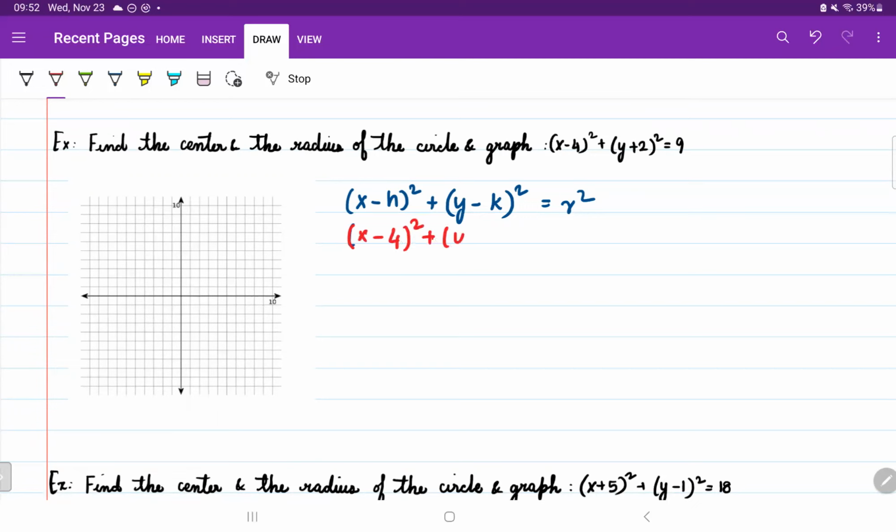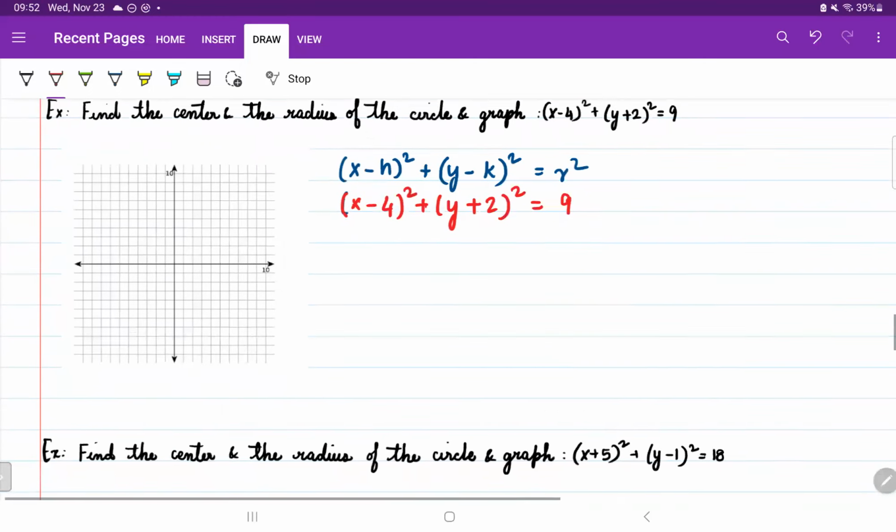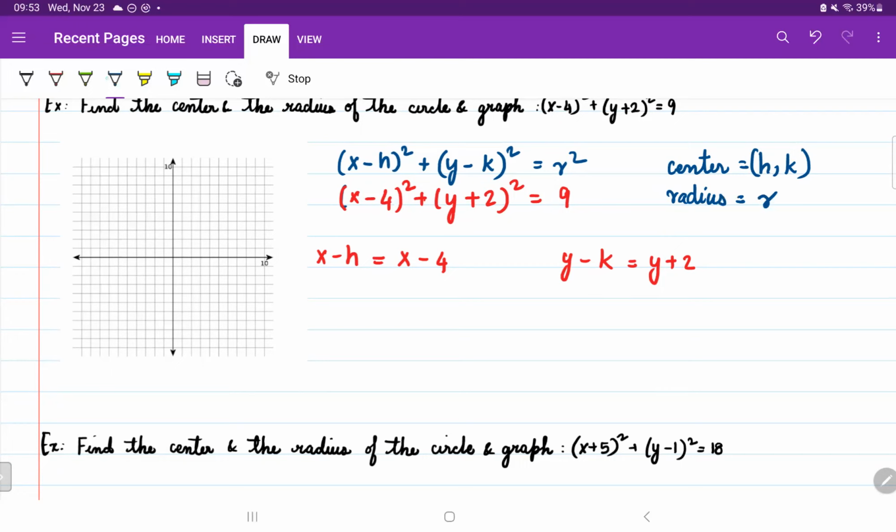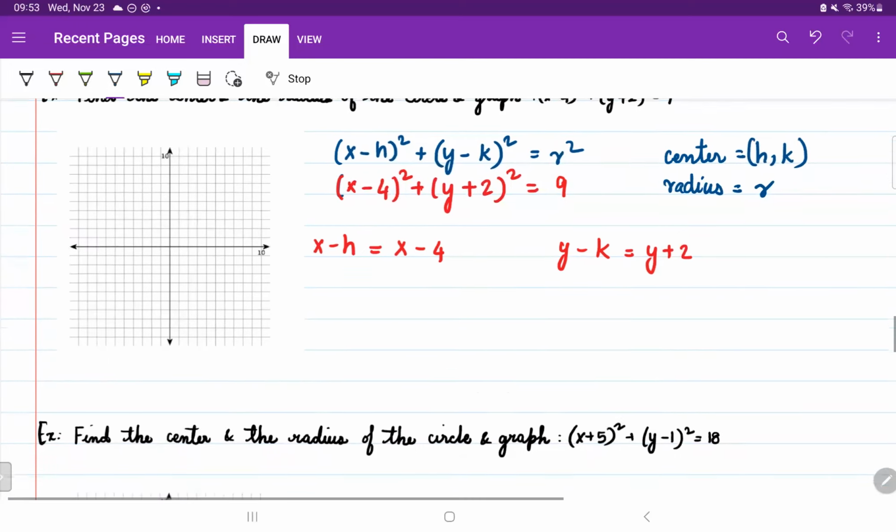It's x minus 4 whole square plus y plus 2 whole square equals 9. So here we have x minus h is basically x minus 4, and we have y minus k is y plus 2. We know that the center is h comma k, and our radius is r. So let us try to solve this equation here.